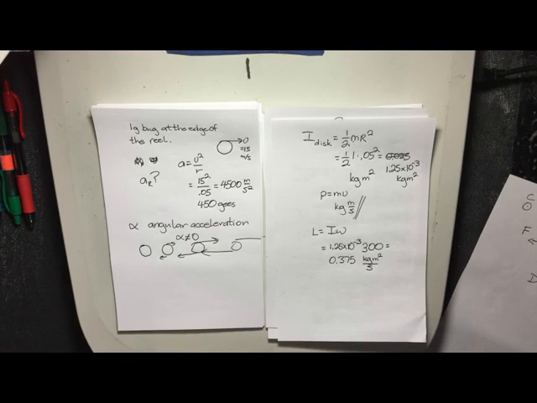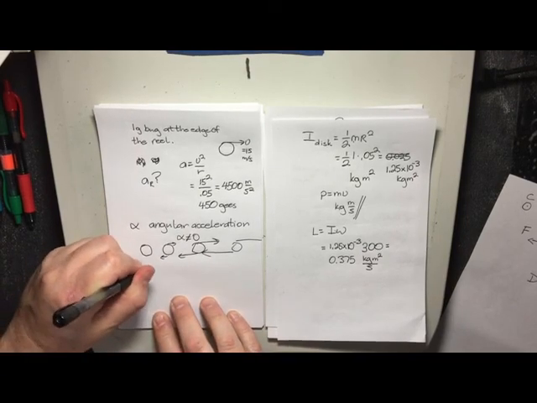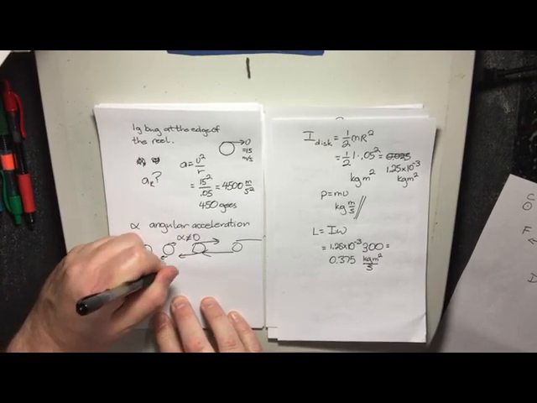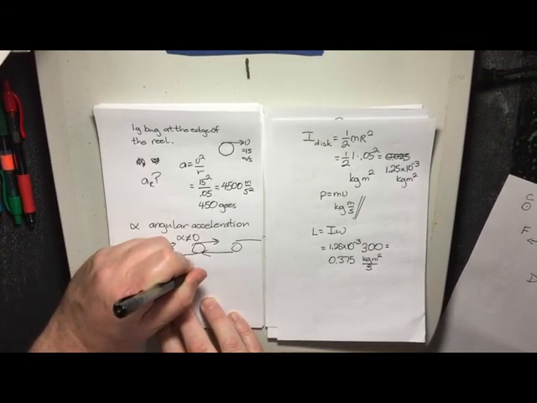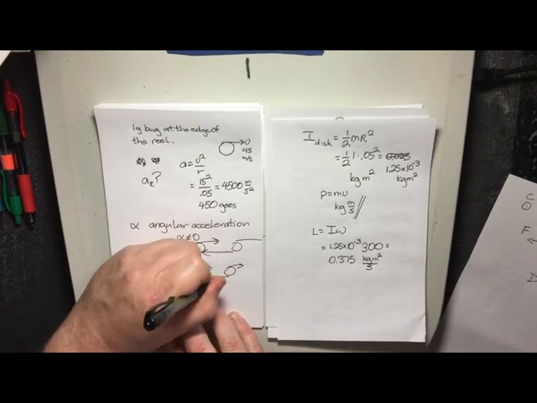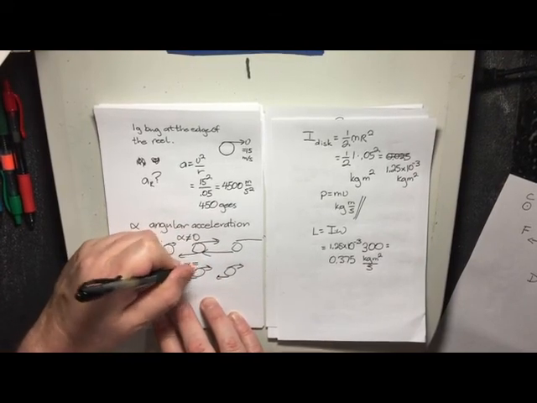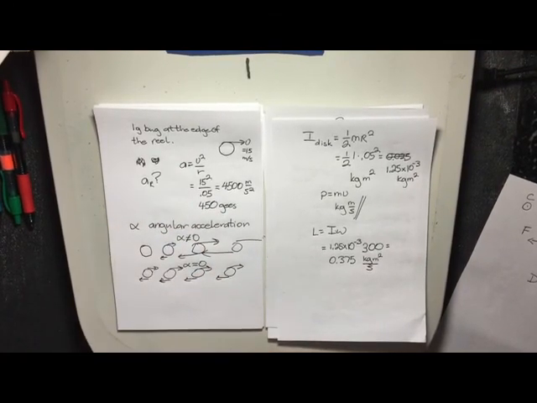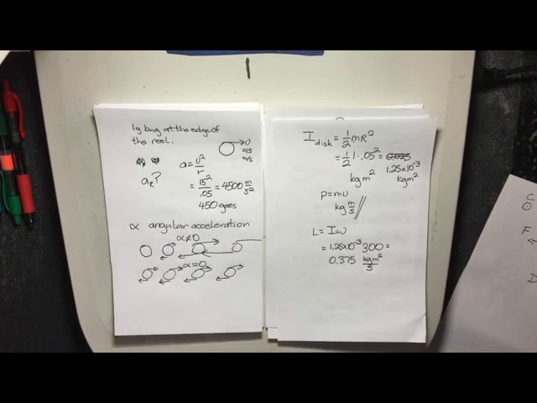The angular acceleration of that thing, this has an alpha. It spins up. This is an alpha equaling 0 if the angular velocity is just at a constant.